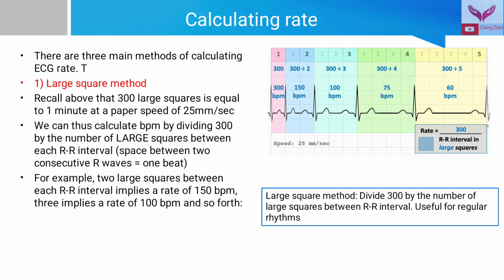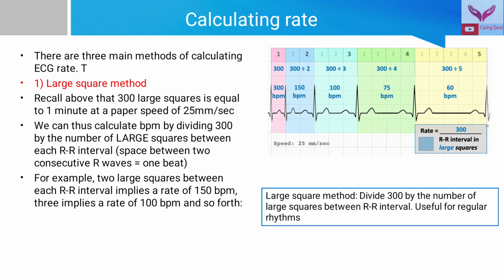For example, two large squares between each RR interval imply a rate of 150 beats per minute, 3 will imply a rate of 100 beats per minute, and so on. It is useful for regular rhythms.